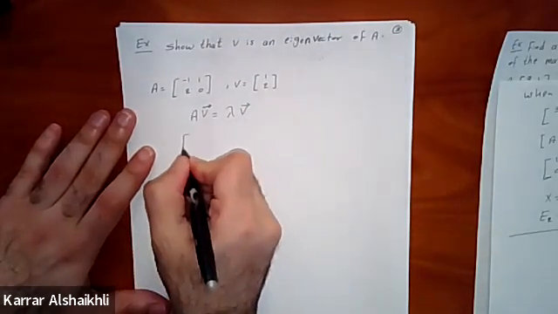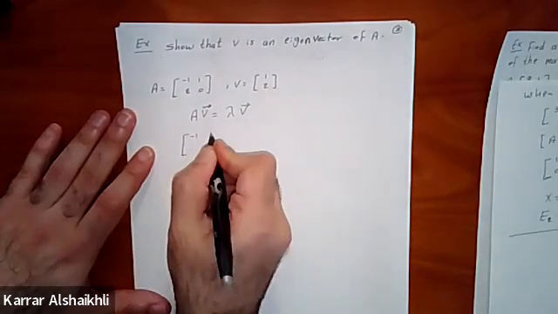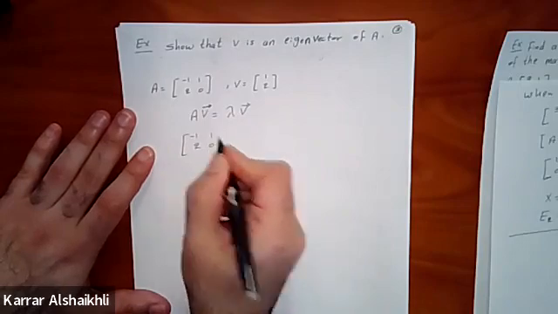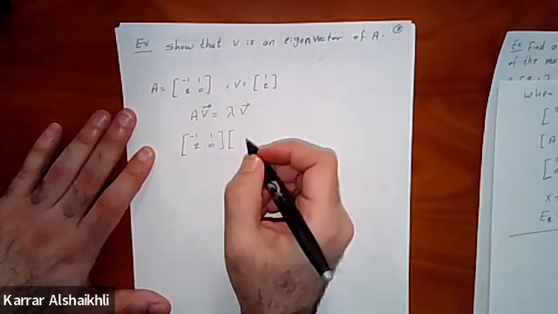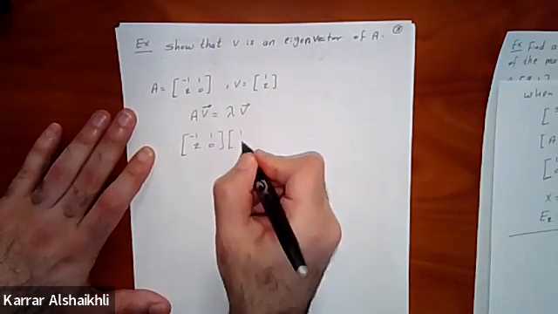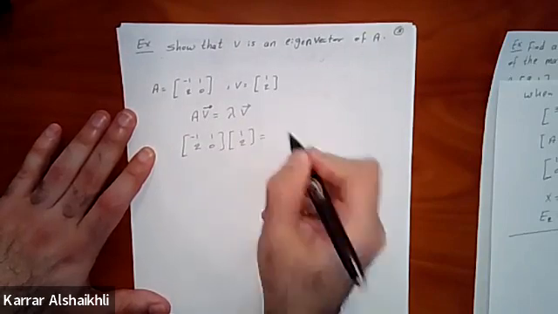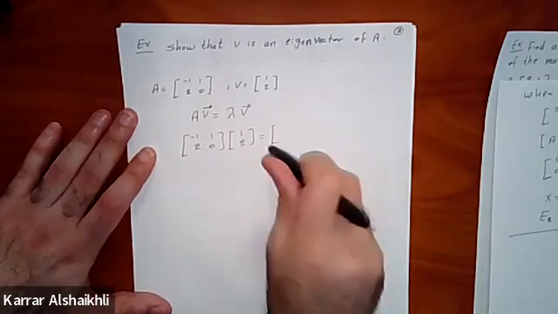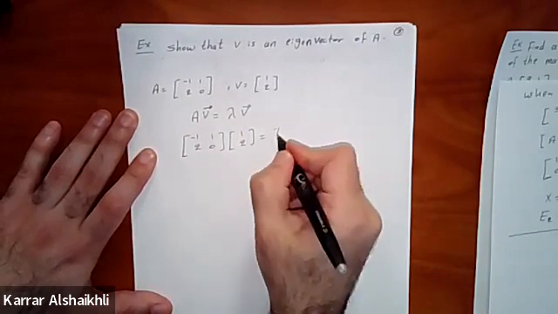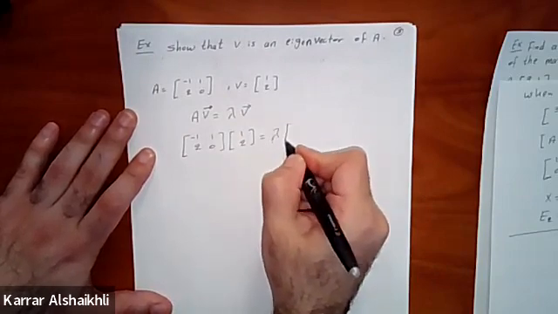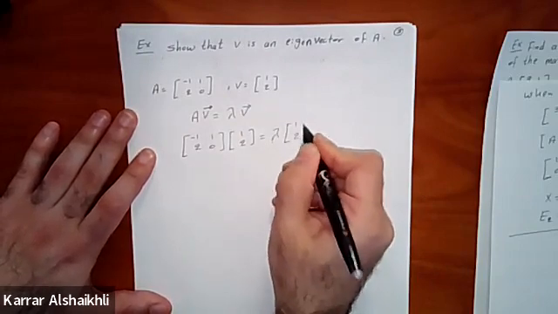The matrix A, which is -1, 1, 2, 0, times the vector V, 1, 2, equals lambda, which we don't have on this one, times the vector V, which is 1, 2.